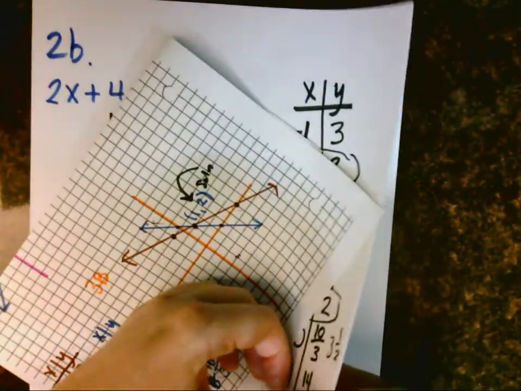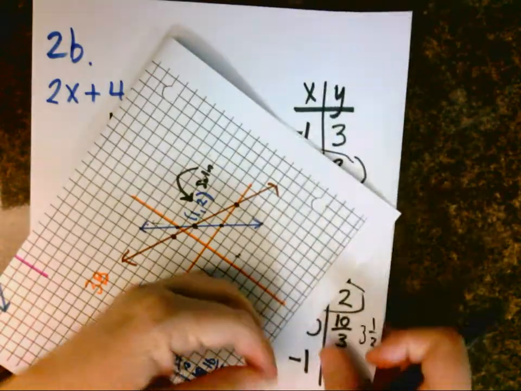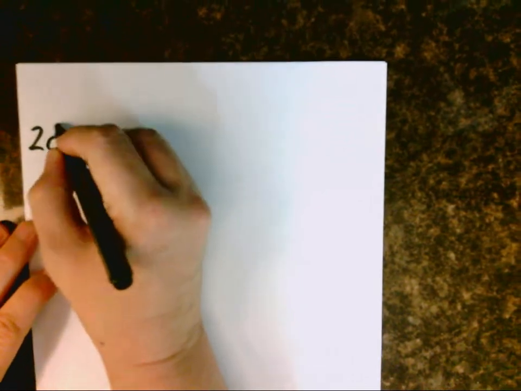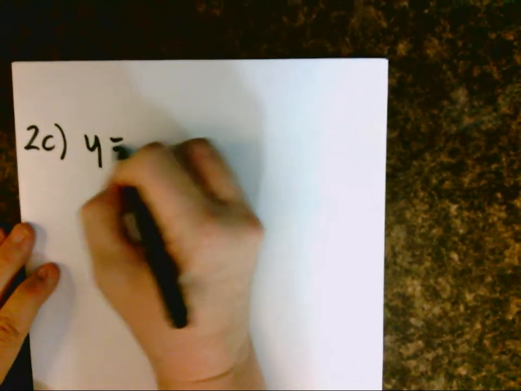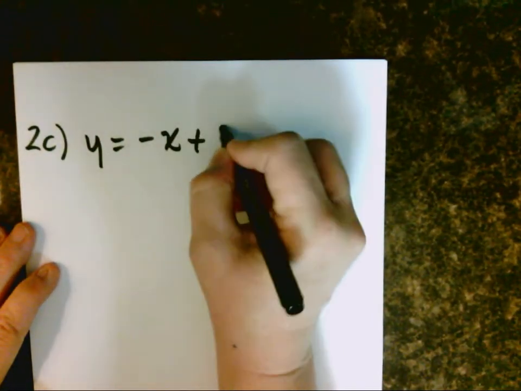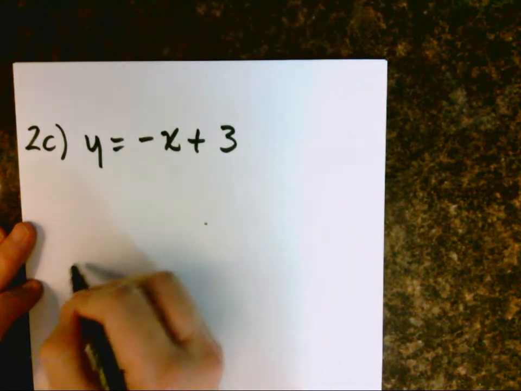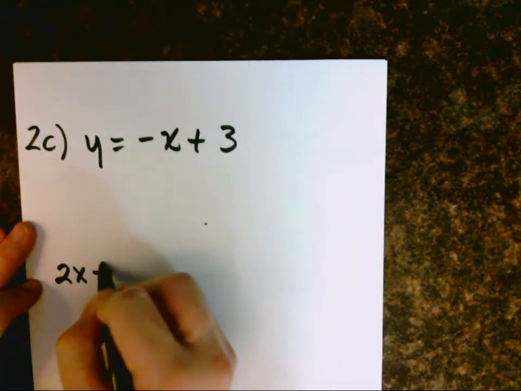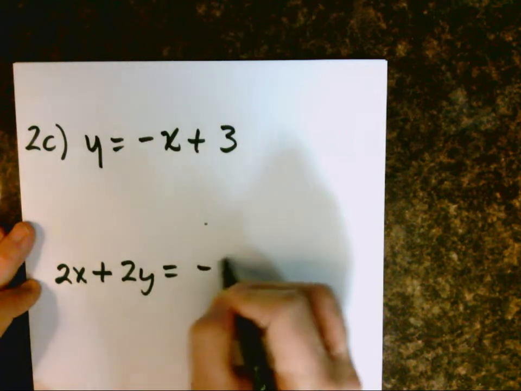And let's move to the last one of this type. And it asks us, this would be part C. Okay, 2C says y is equal to -x plus 3. And the other line is 2x plus 2y equals -1.